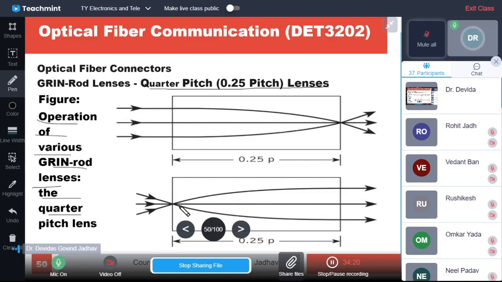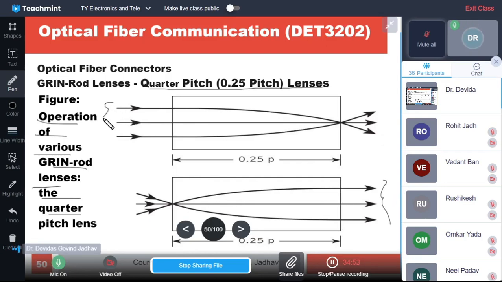Therefore, it can collect the divergent beams from the source at its focal point, which is exactly on the surface, and this beam will travel sinusoidally and become a collimated beam after emerging from the lens. When it is coming out from the lens, there is a collimated beam generation.